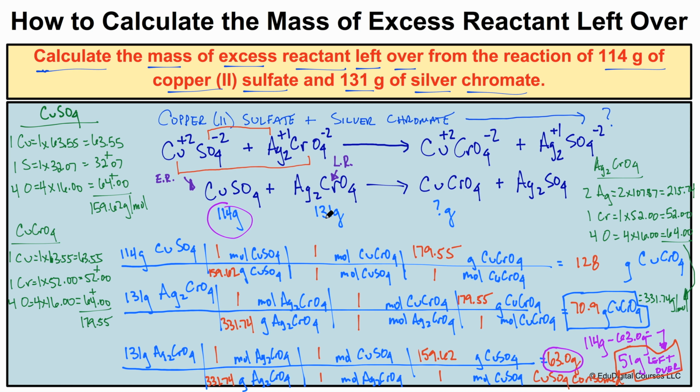We then used the initial amount of our limiting reactant here in this step to figure out the amount of our excess reactant that was consumed in the chemical reaction. We then subtracted the amount of excess reactant that was consumed from the starting amount of our excess reactant, and we ended up with 51 grams of copper 2 sulfate left over after these two things react with one another.